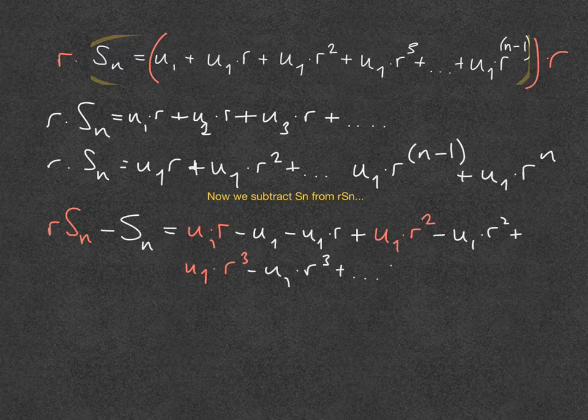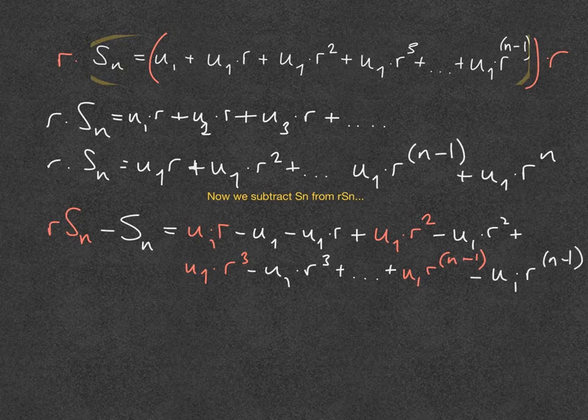And you can perhaps see where this is going now. We end up subtracting identical terms all the way up to this one here, u1 multiplied with r to the power of n minus 1, which was the penultimate term in our last series, but it was the final ultimate term in the first series.